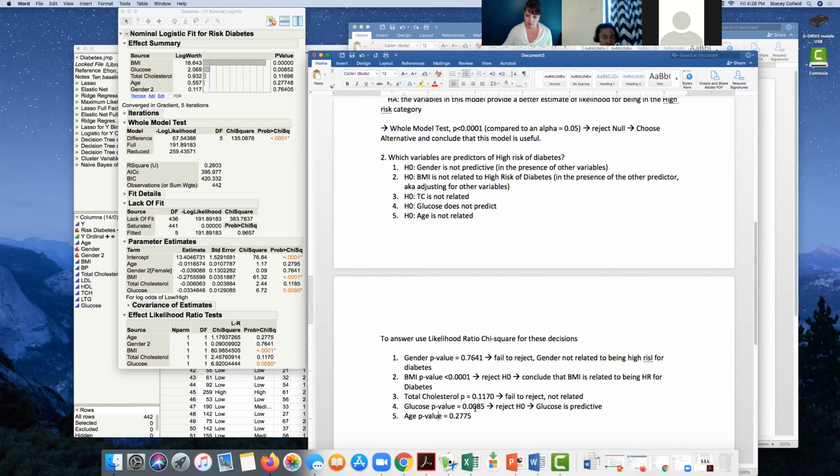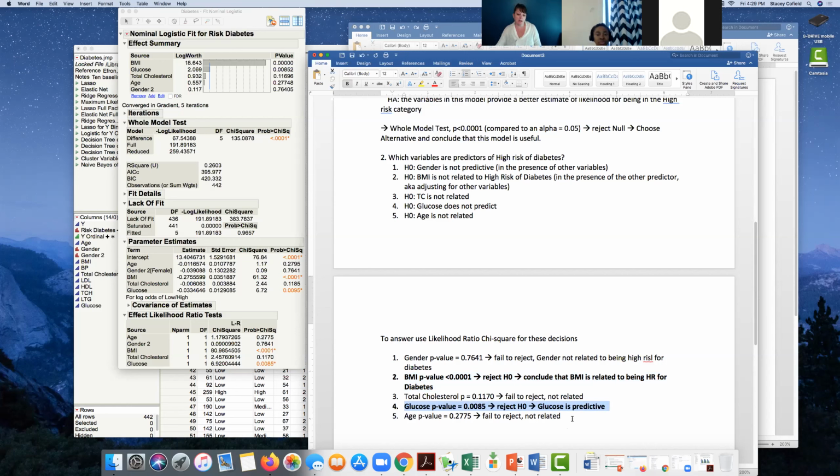And so that conclusion then is fail to reject and not related. So we know that these two things, BMI and glucose, are predictive of being high risk of diabetes.